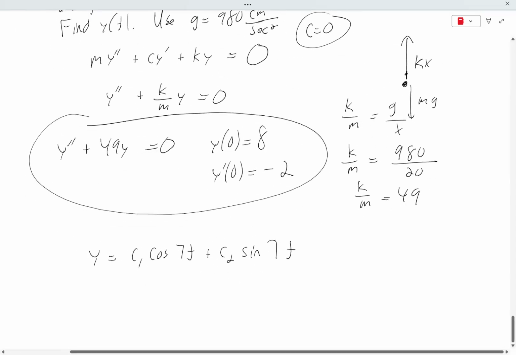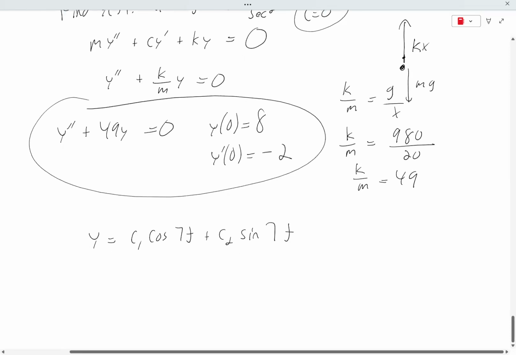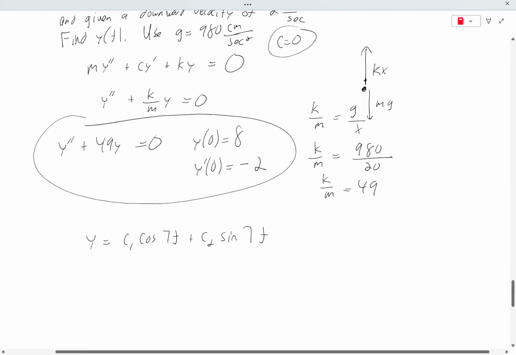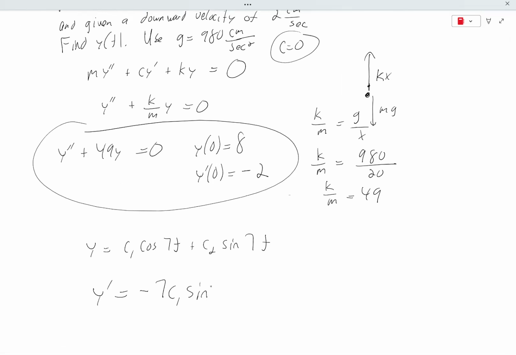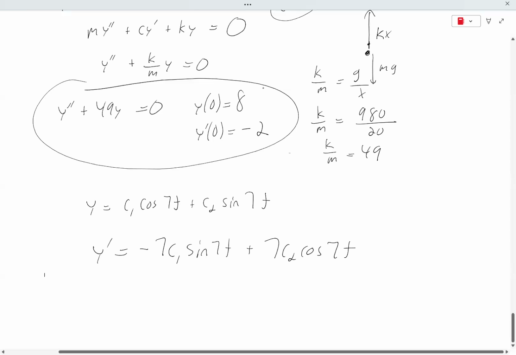Now you got to find the C1 and C2. Remember, we got a condition on y and also a condition on the derivative. So I want to take a derivative here. y prime is equal to -7 C1 sine 7t plus 7 C2 cosine 7t. Then just plug in the conditions.